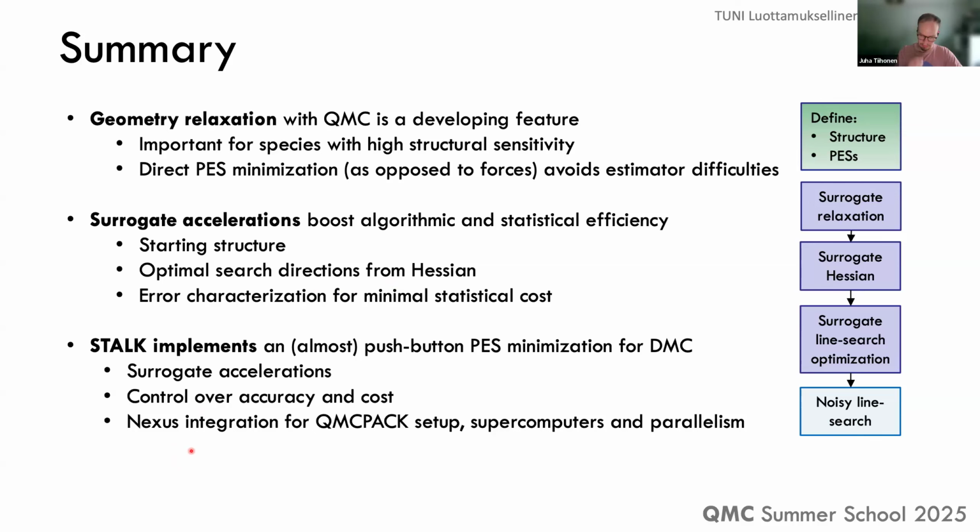Yeah, that's one of the open problems. We haven't characterized what would be the best surrogate out of different DFT options. I guess that's an open problem generally in QMC. There's no best option out there.